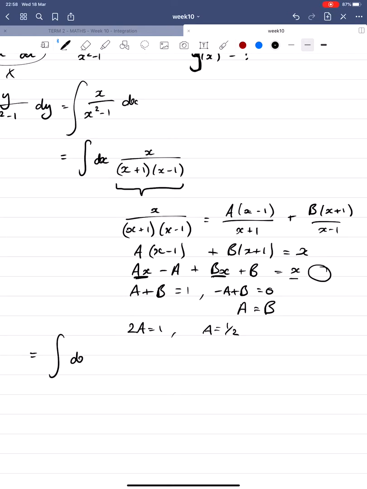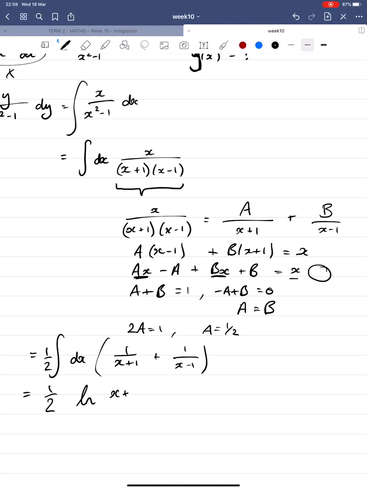So this integral can be written as a half lots of 1 on x plus 1 plus 1 on x minus 1, which is a half ln x plus 1 plus ln x minus 1.